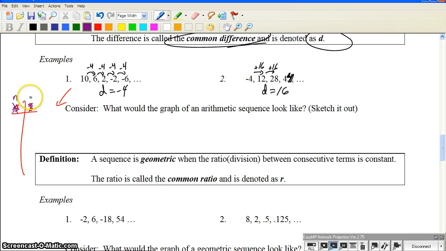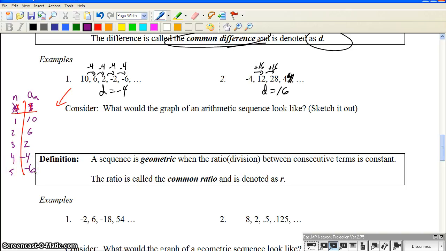And we deal with term values, which we're going to denote as a sub n. Okay. So in the first sequence, we have term 1, which is 10. We have term 2, which is 6. Term 3 is 2. Term 4 is negative 2. And term 5 is negative 6.